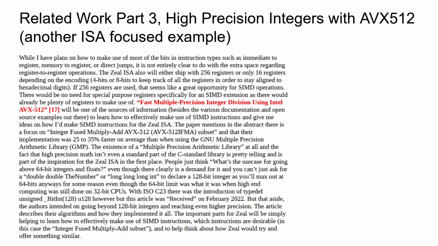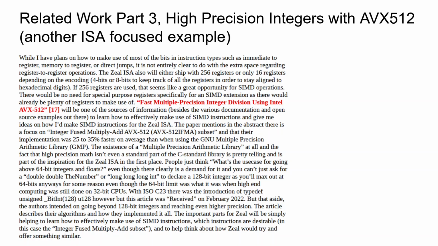Why? Because if you need more precision and you don't support anything beyond, let's say, double precision float, you don't have the hardware for it, you can't just combine two double precision floats and come up with quad precision. It doesn't work like that. I wish it did, but it doesn't. But with integers, you can do that. And that's the whole point of what this guy was trying to do with AVX-512.